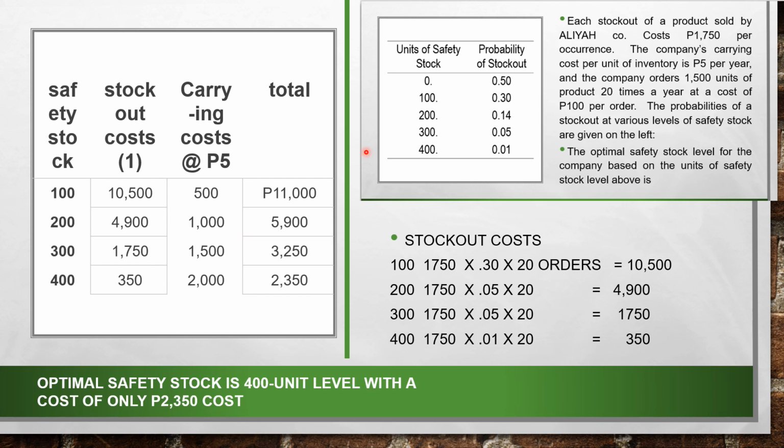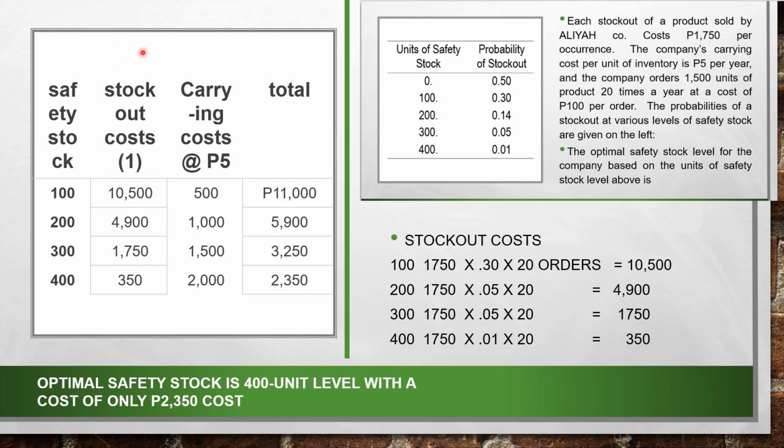At safety stock level, for instance, 100 units, we get the stock out cost by multiplying the cost of stock out, 1,750, times the probability of its occurrence, 30%, multiplied by 20 orders. So we get stock out cost for the 100 level of 10,500. So we just do the same procedure with each stock level. For instance, 400 safety stock: the cost 1,750 times the occurrence 1% times 20, we get 350. Okay, so just do the same.